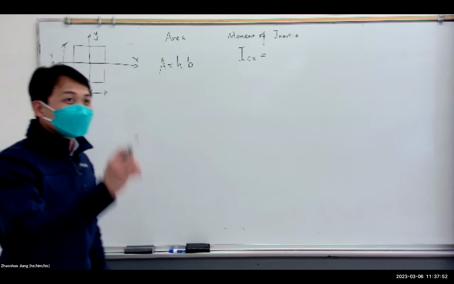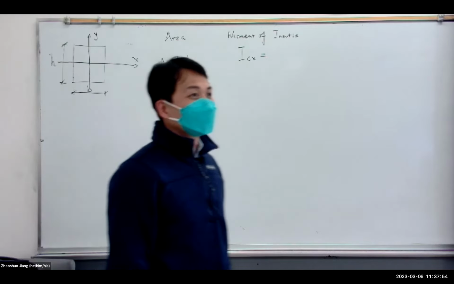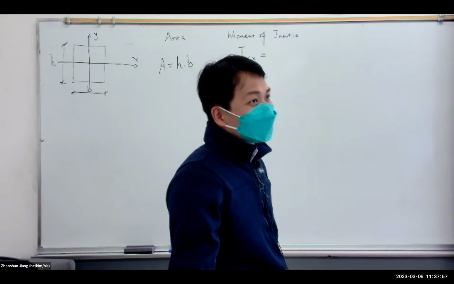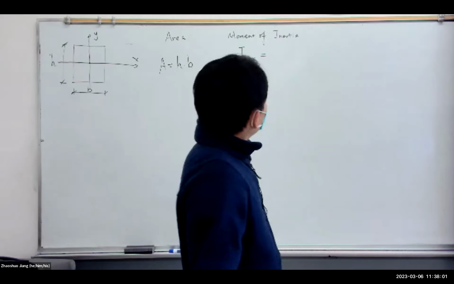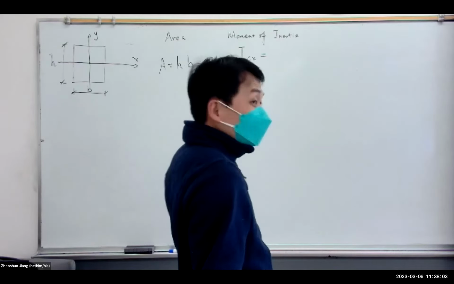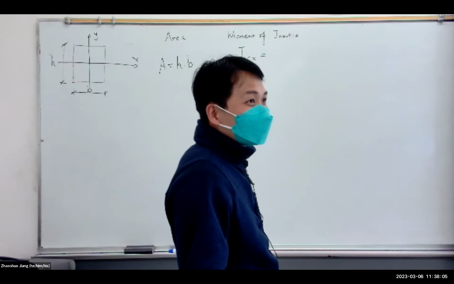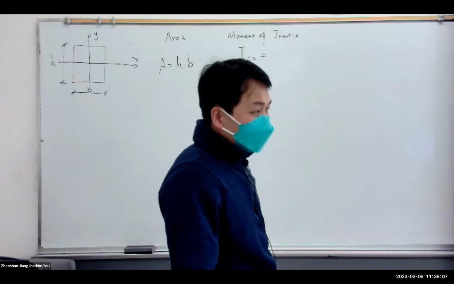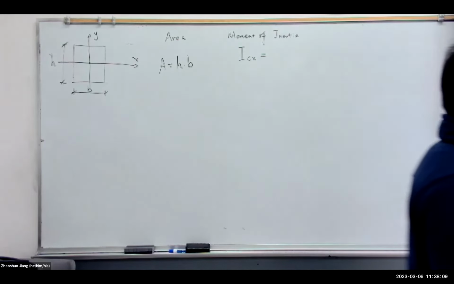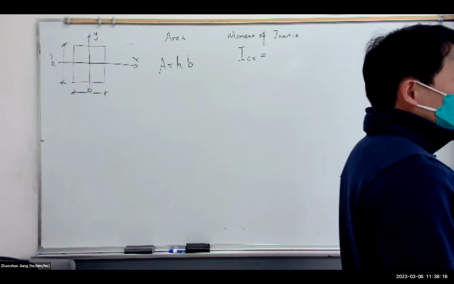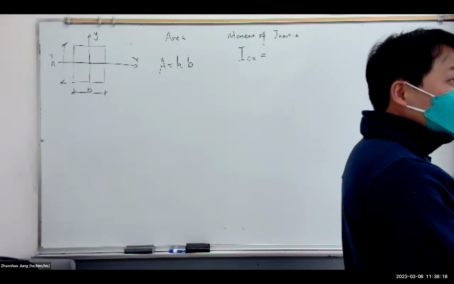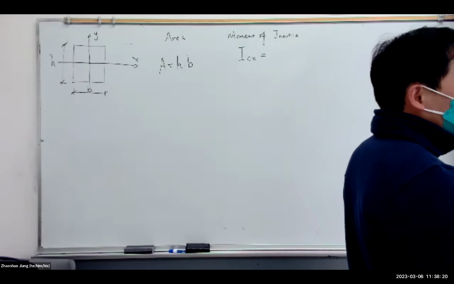All right. Yes, question. 0. So again, the moment of inertia is the property of the cross section bending about an axis, meaning how hard it is to bend your cross section along the axis.